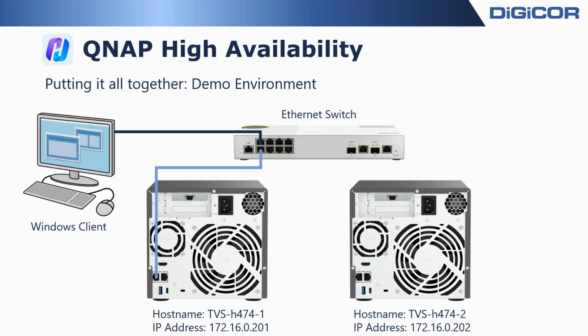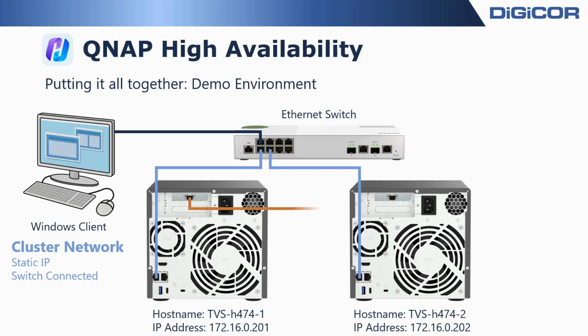We'll be setting up one of those onboard ports, which operates at up to 2.5 gigabits per second, for our cluster network. And because we're using, as we're looking at it from the back, the left port, we'll also be using the left port on the second NAS device. This is for the cluster network. This is where the static IPs have been assigned, and they're attached to a switch.